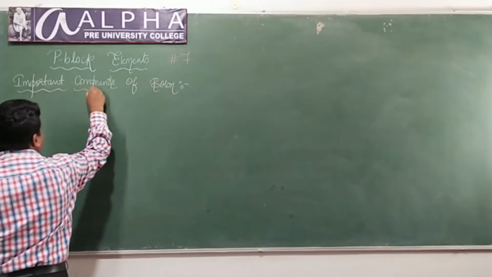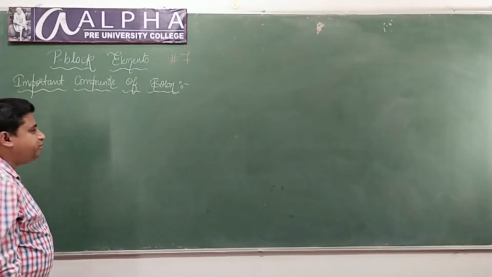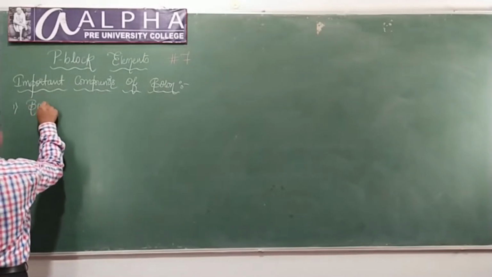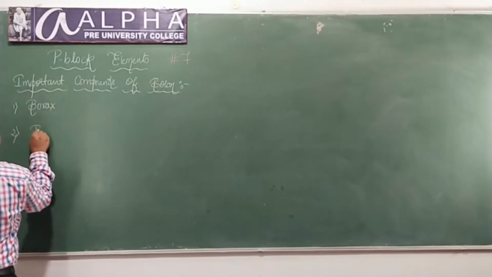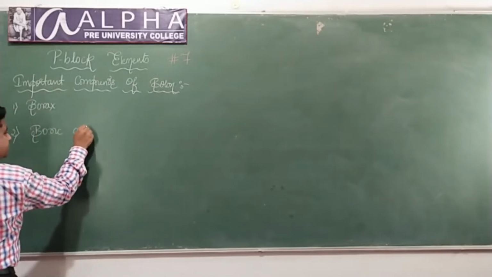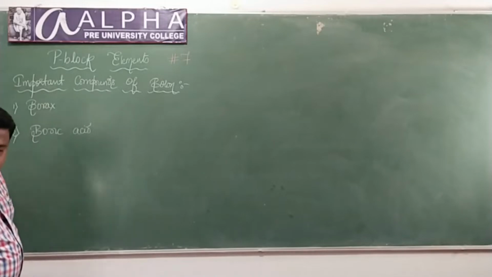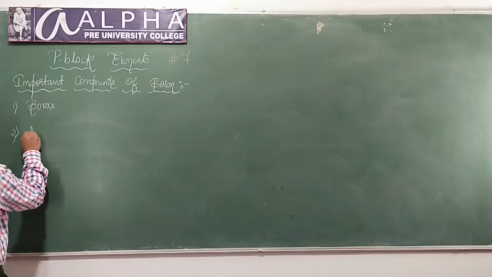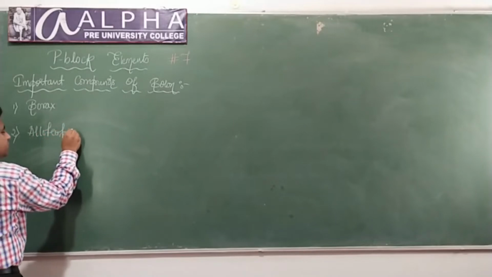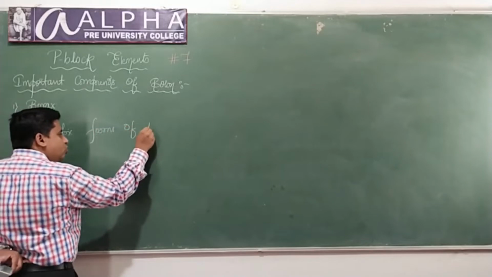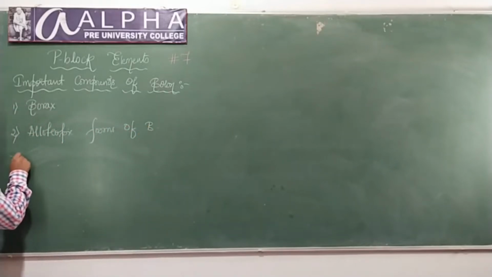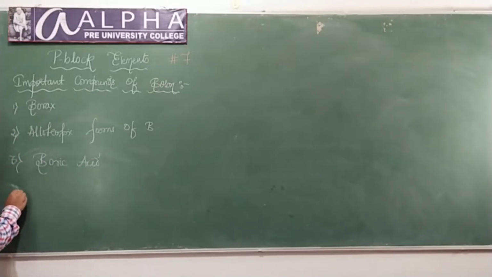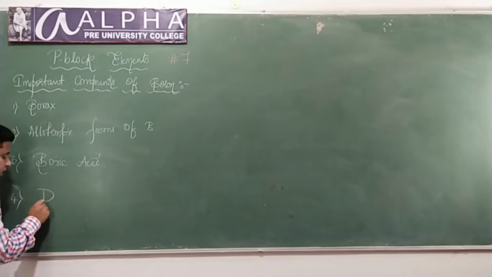Under important compounds of boron we will be talking about borax, then the different allotropic forms of boron, then boric acid, and very importantly we will talk about diboranes.